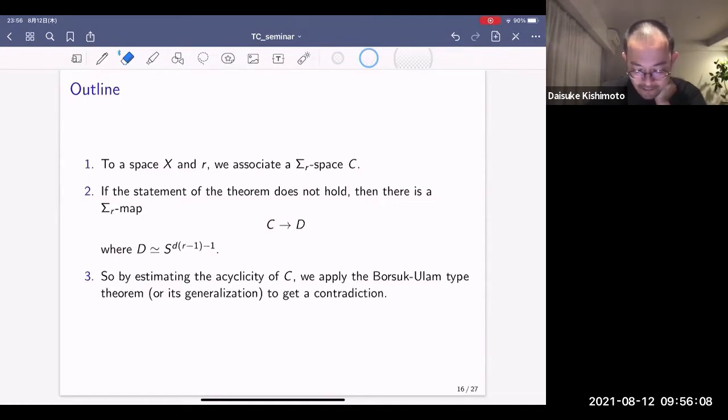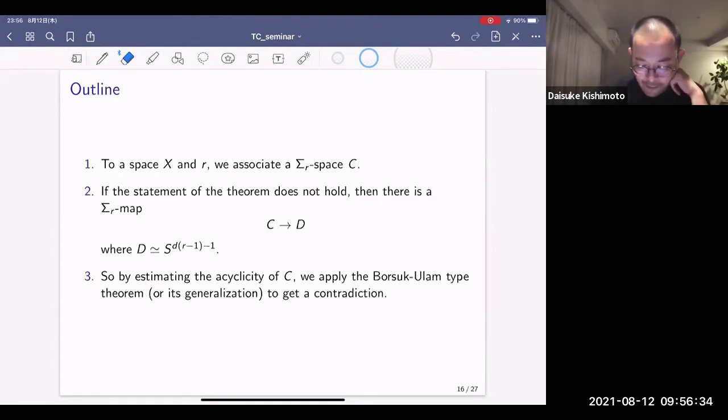And the third step is to show the contradiction from the existence of such a sigma R map. And we use the Borsuk-Ulam theorem or its generalization to get such a contradiction. This is the outline.